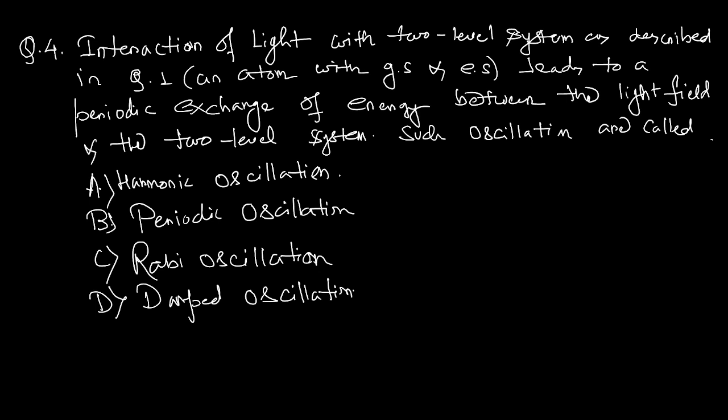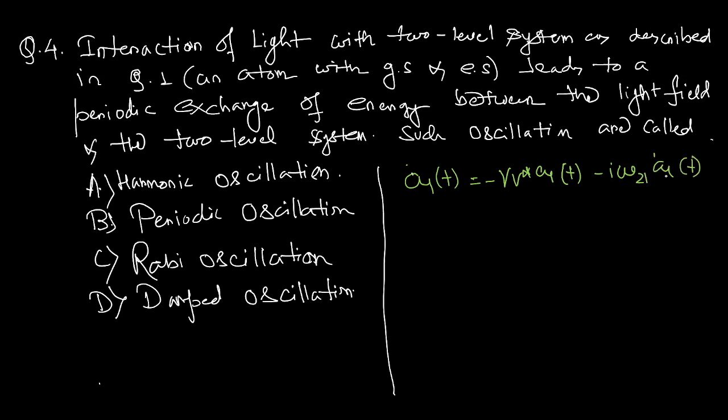So if we look at the expression of A1 and A2 from the expression of the uncoupled double differential that I showed last week, that is A1 double dot is minus b star a1 plus i omega 21 a1 dot, and a2 double dot is minus b star a2 plus omega 21.